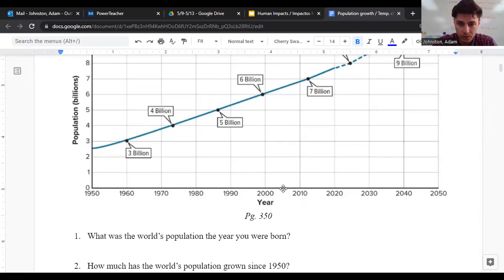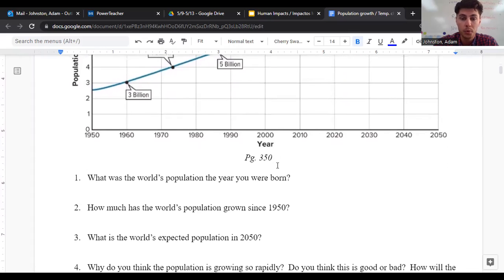That person would go to 2005, go to the blue line, and we can see that that's about between 6 and 7 billion. So a person born in 2005 could guess, they could estimate and say that in the year 2005, there were about 6.5 billion people on planet Earth.